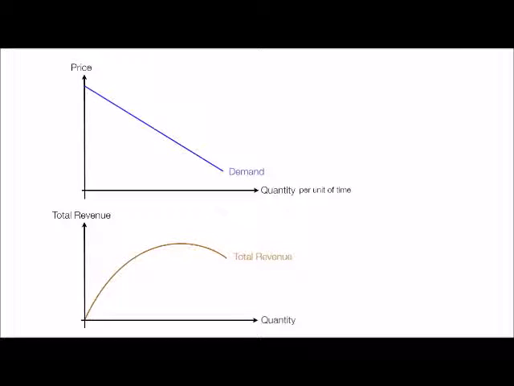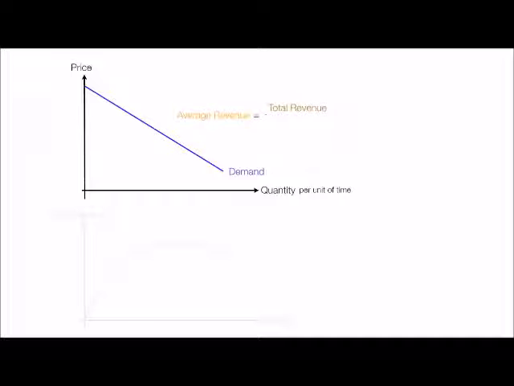Average revenue is worth mentioning as well. The way I calculate average revenue for a monopoly is I take total revenue divided by quantity, that's average revenue, which is price times quantity divided by quantity. So those two quantities cancel out. So it turns out that average revenue is always equal to price.